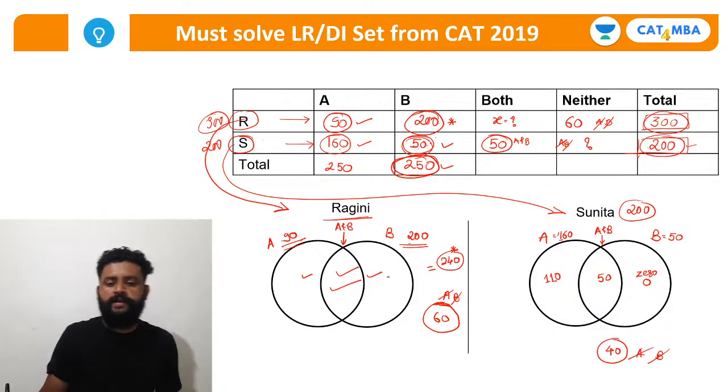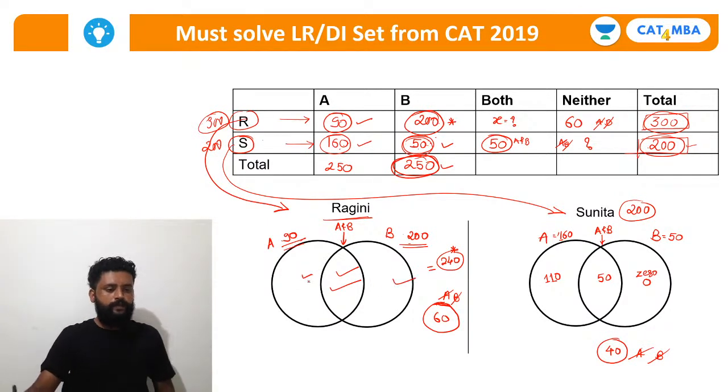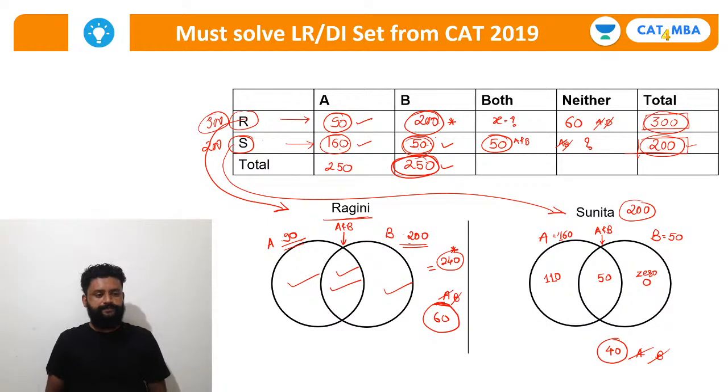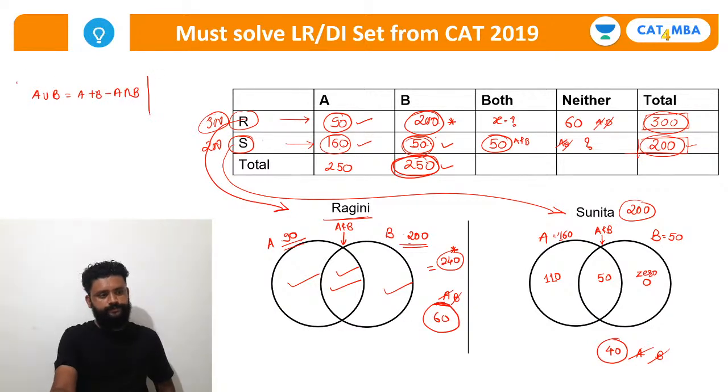So what is the common part? Can you drop me the comment, Nicole? What is the common part? The students who are both A and B, how much will the common part be? Hopefully everyone knows the basic formula of set theory: A union B is A plus B minus A intersection B. A union B is 240.